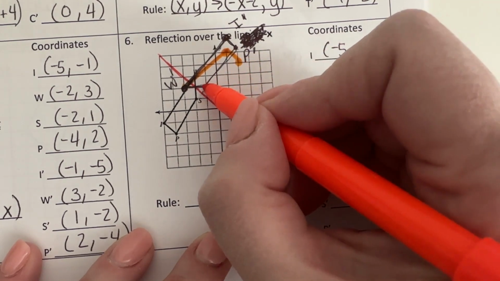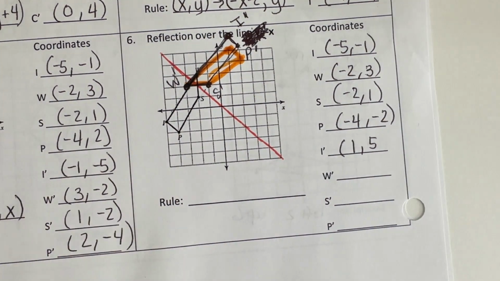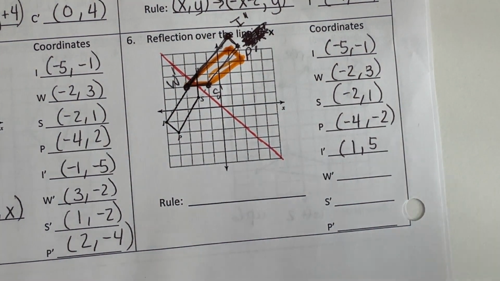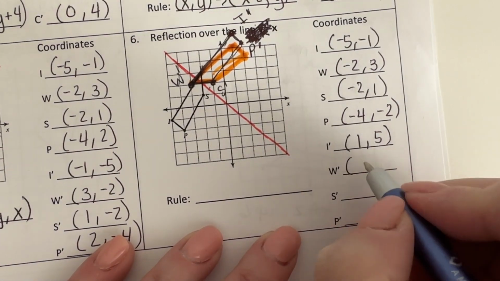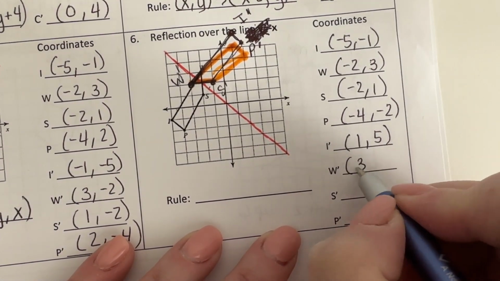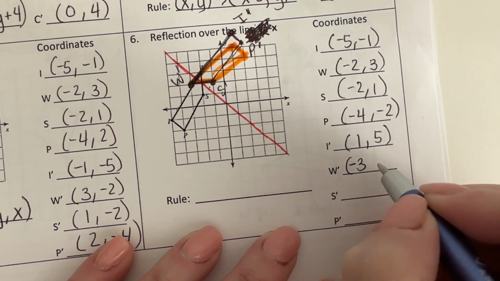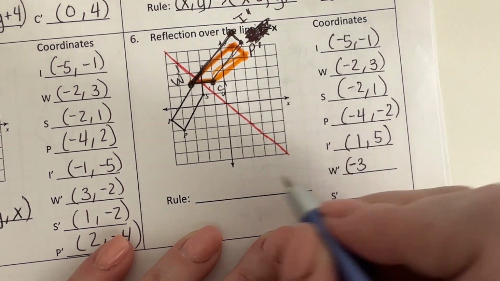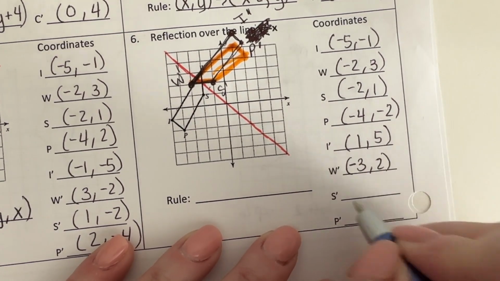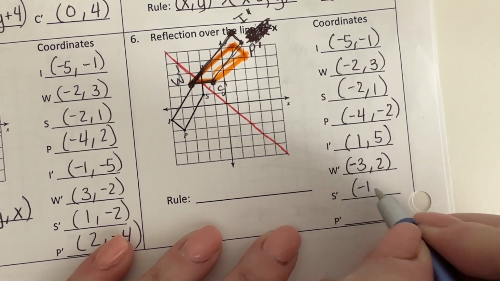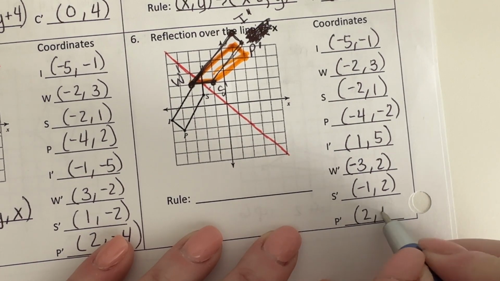I went a little too far out. Okay, now let's get those correct. So 1, 5. And then this one would be 3, -3, 2, -1, 2, and 2, 4.